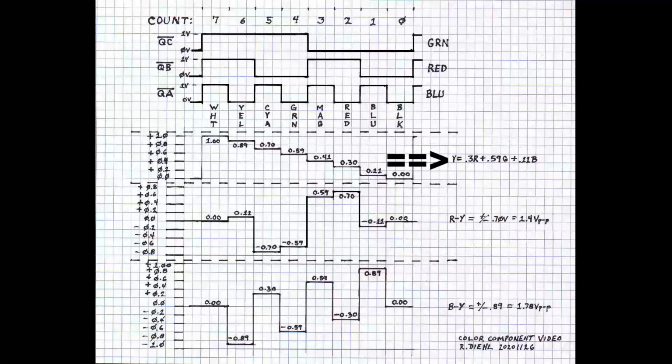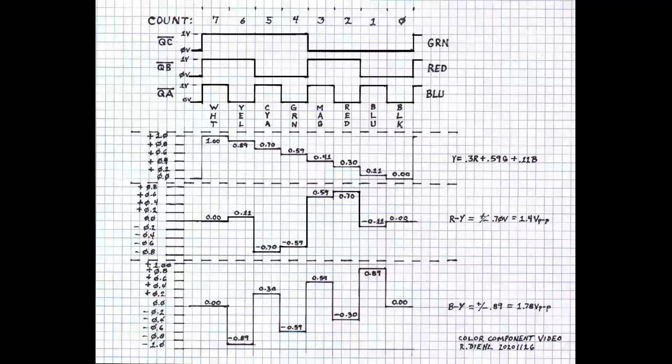Or in this case, we're actually dividing. And in the deep dive of the 10-4 Eleanor, I will explain about multiplying and dividing voltages by mathematical coefficients or multiplying factors. So we need 30% of red added to 59% of green added to 11% of blue.